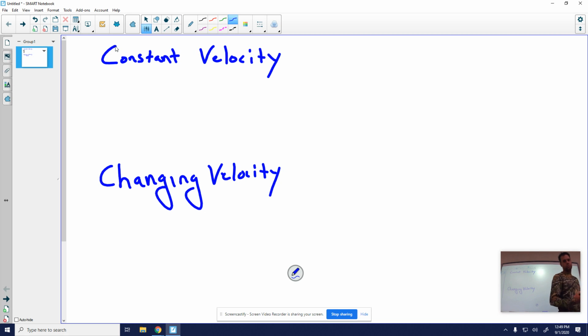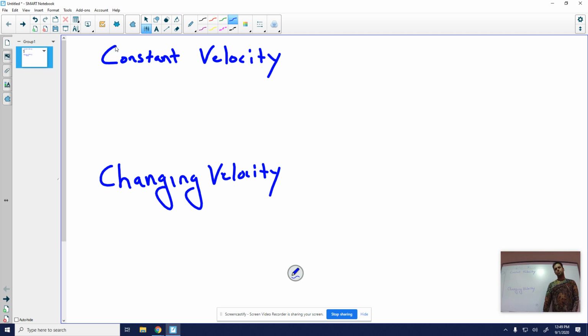Everybody at all times has one of these 2 types of motion. So right now, I'm demonstrating constant velocity motion, because when you're not moving, that's constant velocity. Or if I had my cruise set going down the road at 60 miles an hour, that would also be constant velocity. Changing velocity would be when I'm speeding up or I'm slowing down.